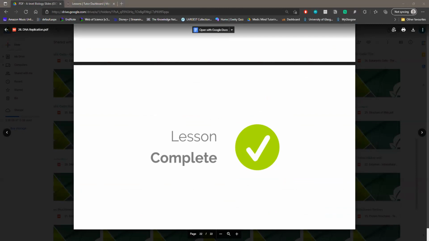I'll share it with you on the group chat as well at the end of this. This has got all the processes for the A-level biology spec. It's designed for OCR because that was the spec I did, but it's got them all summarized. And I will take the process of DNA replication from here and put it on a whiteboard for you guys, so you can have that process summarized for you.